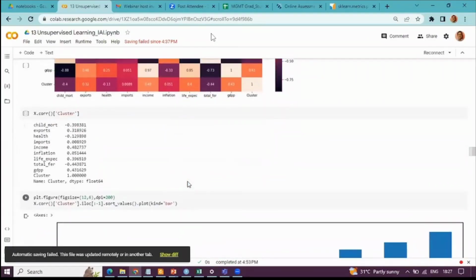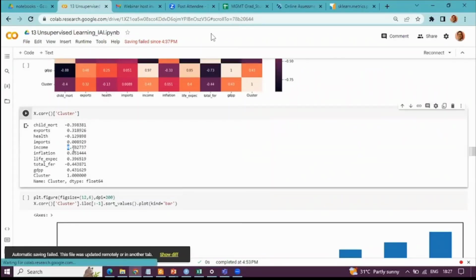Okay. But when I look at it cluster wise, which are the determinants of the cluster? What you could see is that income has a very high correlation. So with this correlation, you can very well talk about which variables are seriously impacting the cluster.